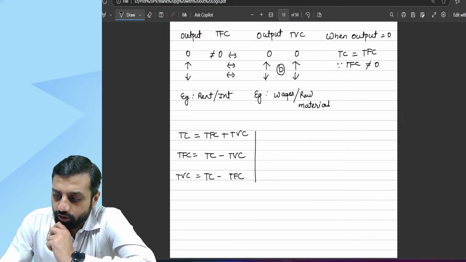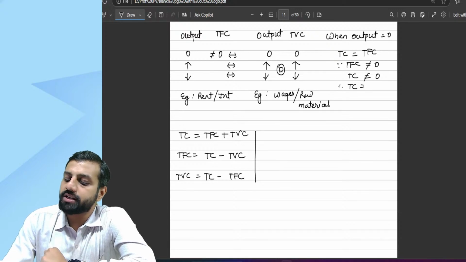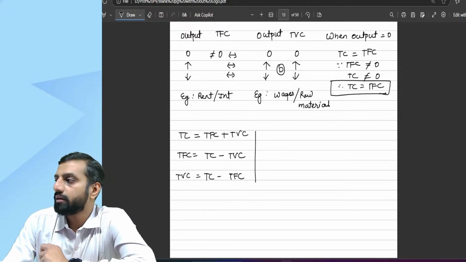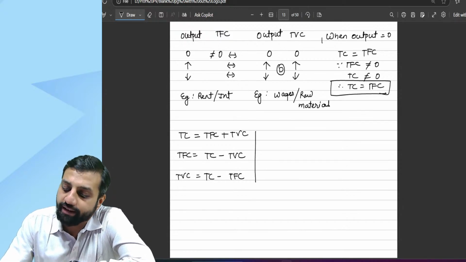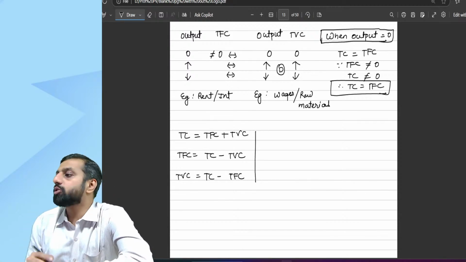Since TFC cannot be 0, TC cannot be 0, therefore TC is equal to TFC only and only when output is equal to 0.